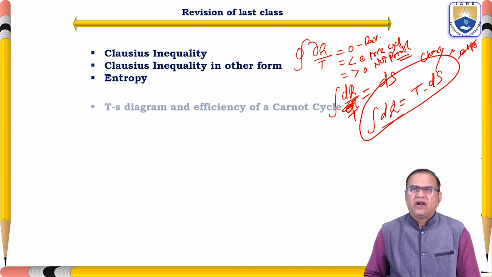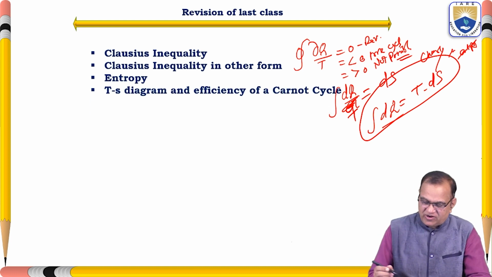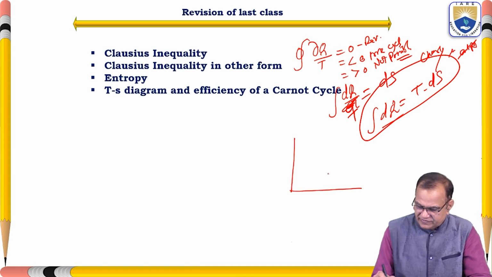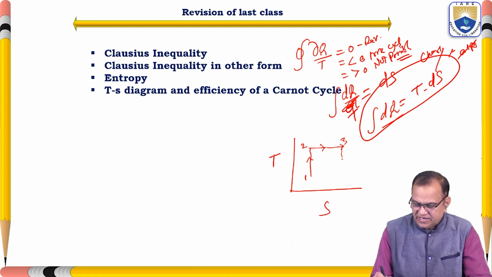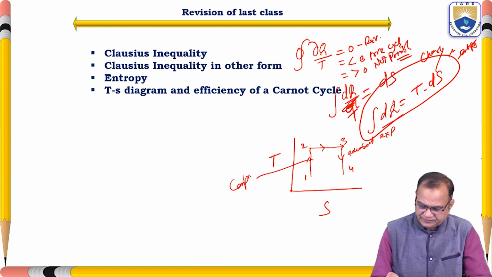We have also seen the TS diagram. Here, 1 to 2 is the adiabatic compression, 2 to 3 is isothermal heat addition, 3 to 4 is adiabatic expansion, and this is the isothermal heat rejection.